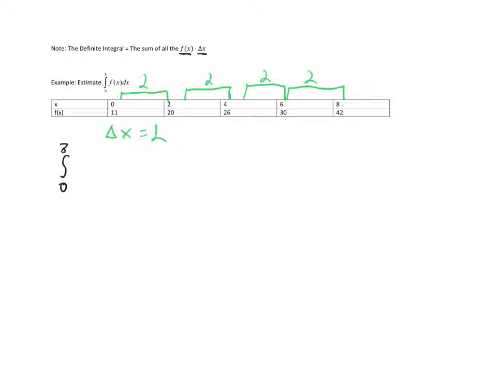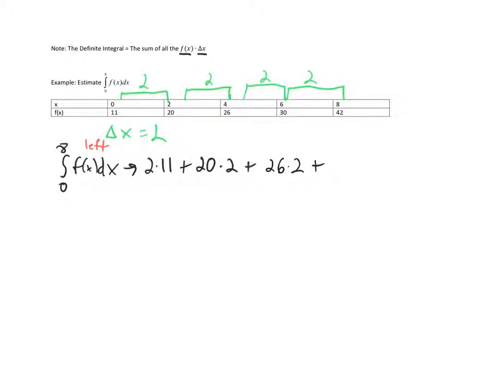So if I was going to estimate 0 to 8 of f of x dx, we're going to start first with the left-hand sums. What we're going to assume is from 0 to 2, the height of the function is 11. So we're going to use 2 times 11. Then from 2 to 4, we're going to assume the height is 20. So the width is still 2. From 4 to 6, we're going to assume the height of the function is 26.